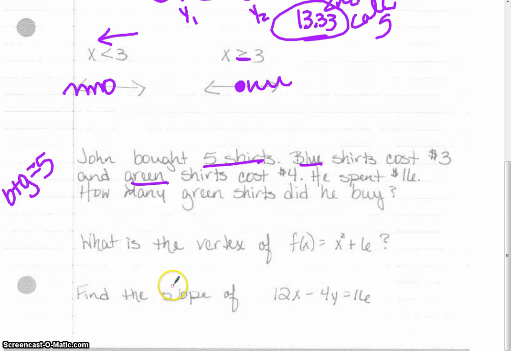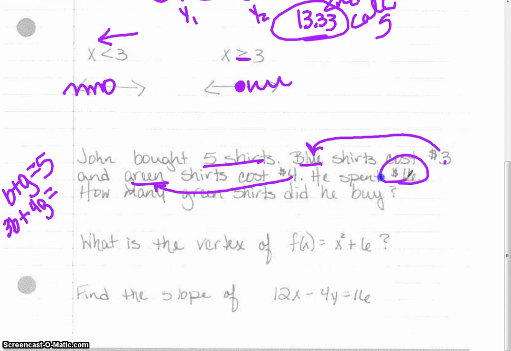Then you put the money all in the same one. So 3 goes with blue, so that would be 3B, plus 4 goes with green, so 4G equals, he spent $16.